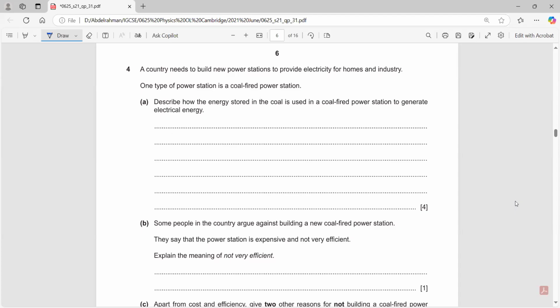The type of energy stored inside the coal should be chemical energy. So chemical energy, as coal is burnt, changes to what type of energy?